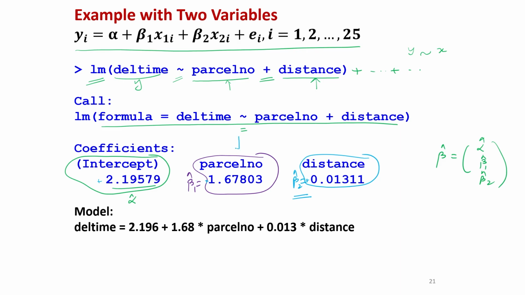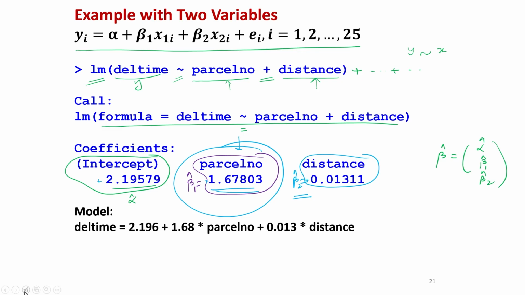Similarly, if you try to look into parcel NO, this value is 1.67803. So, I can interpret it: if there is one unit change in the number of parcels, that means if one parcel increases, then the time of delivery will increase by 1.67803 minutes.